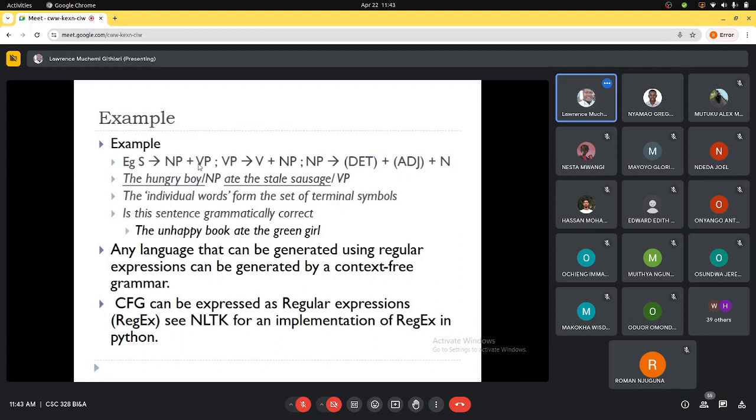All right. Now, another beauty of context-free grammar is that they can be expressed using regular expressions. I think you meet this when you're dealing with automata theory, which I don't think you've done yet.